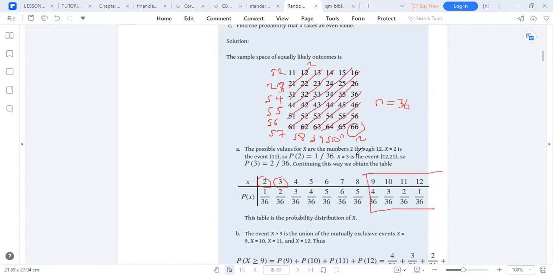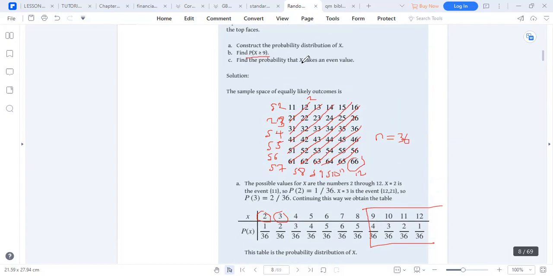So the other question was, what is the probability that X will be an even number? So even number starts from sum of what? 2. Which other one is even number? Sum of 4.